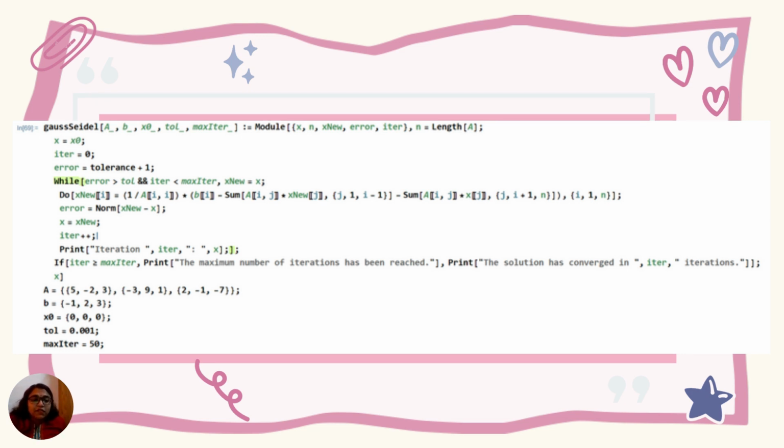So I've inserted iter here and also max iter. Here, the maximum number of iterations has been reached and the solution has converged in iteration. The word iter here will be substituted with the number of iterations that is produced later on. This is the overall code that is used.